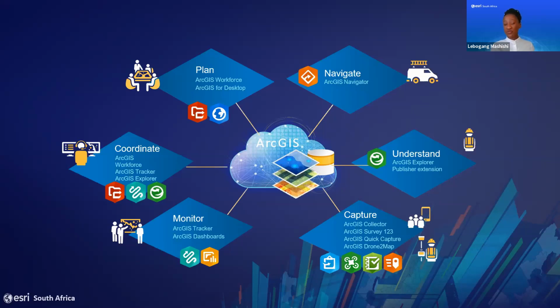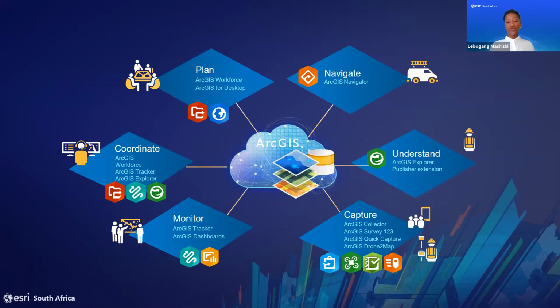And the crux really of field operations is really capturing your data. And as we can see here, we've got quite a couple of applications that can fall into this category. So whether you're using ArcGIS Collector, which is basically a map-based collection mobile application, or you're using a more form-based approach, utilizing something like Survey 123 or QuickCapture.